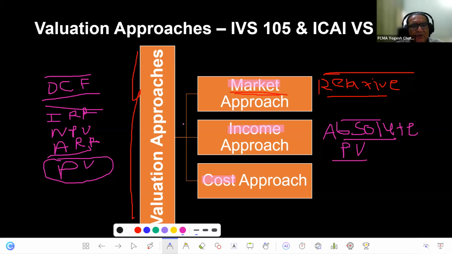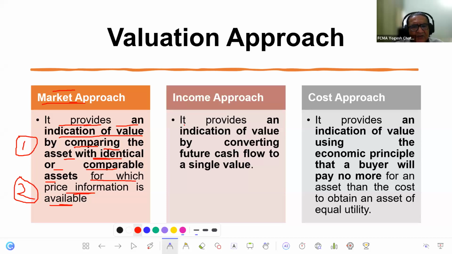If we go to a brief meaning of that, it will provide an indication of value. Again, a very important indication of value, but not the actual value. How will we get that indication of value? By converting future cash flows. As we discussed, the first step in the income approach, DCF, is the estimation of the future cash flows.